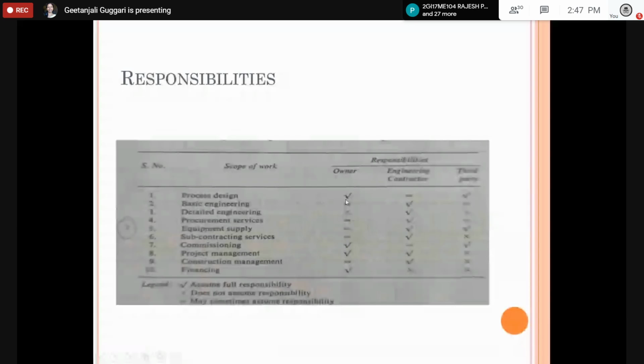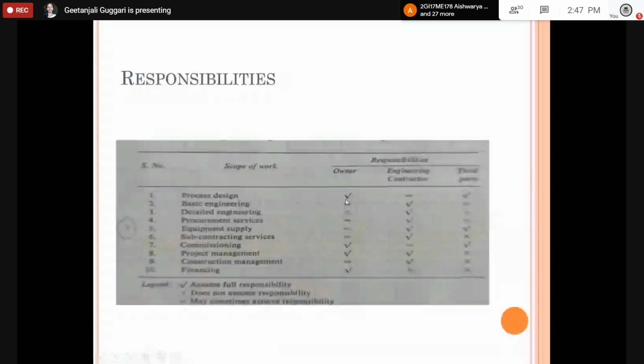Owner and you are hiring some design engineer who is very expert from another industry. In that case, he is also responsible. So that means owner and the third party are responsible. The engineering contractor is your regular contractor, whatever you are giving him, he will be taking care of that. So that is for the process design.